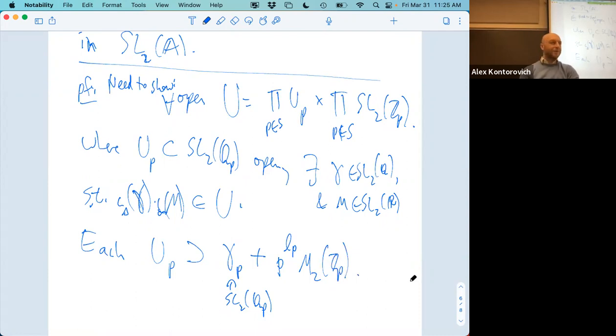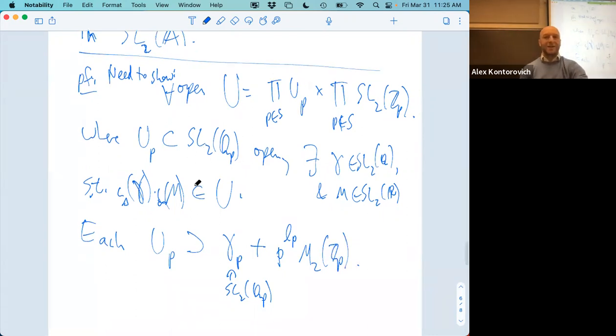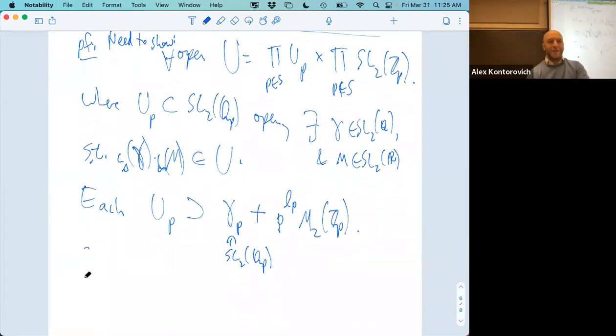Let me explain what I mean by this. What's an open set in SL2Q_p? If ABCD is in SL2Q_p, these are all elements of Q_p. What's an open set? I might fix a bunch of digits, and then the rest of the digits are free. But the back digits don't change anything about the determinant. The determinant only cares about the leading digit of AD minus BC.